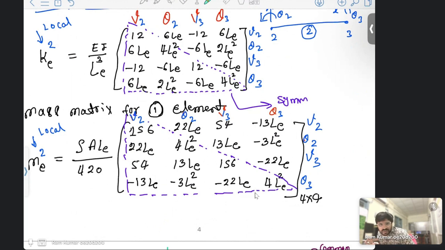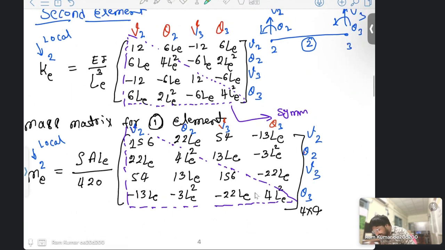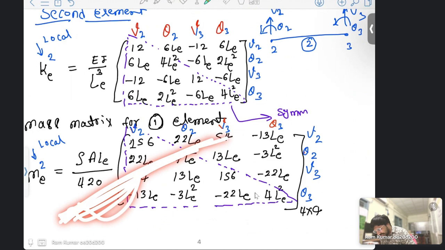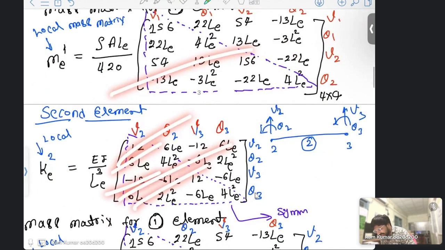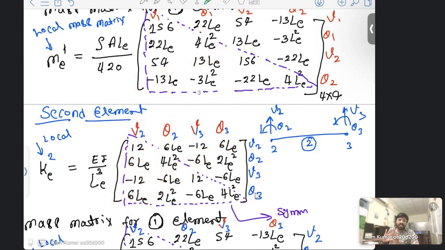But only we have to remember, when we are finding the global matrix, which element's coefficient we have to sum up. These are standard matrices for mass for this element. Stiffness also is standard, but we are just adding at that common node. Okay, sir.